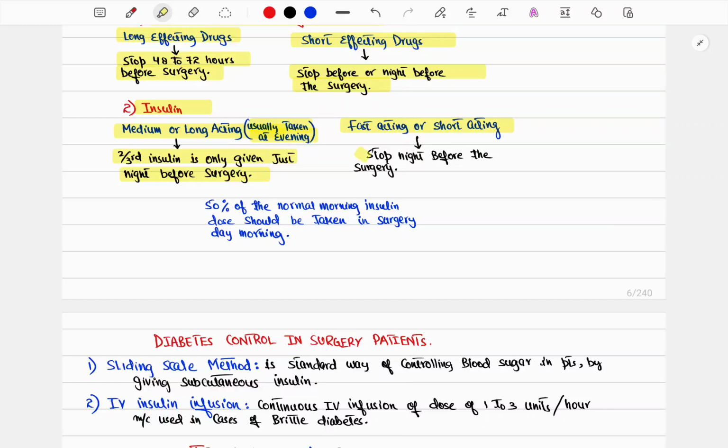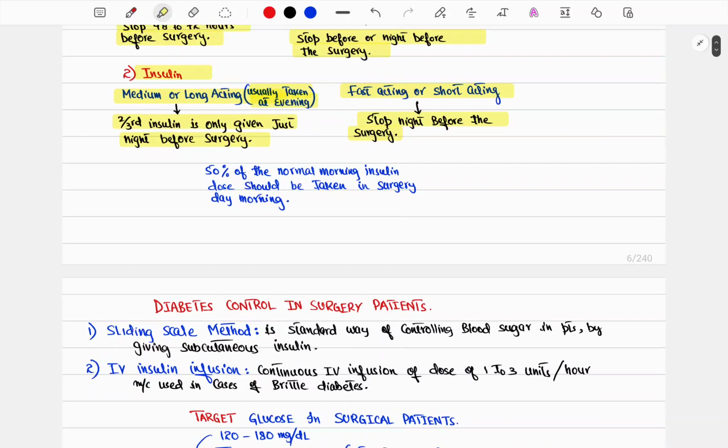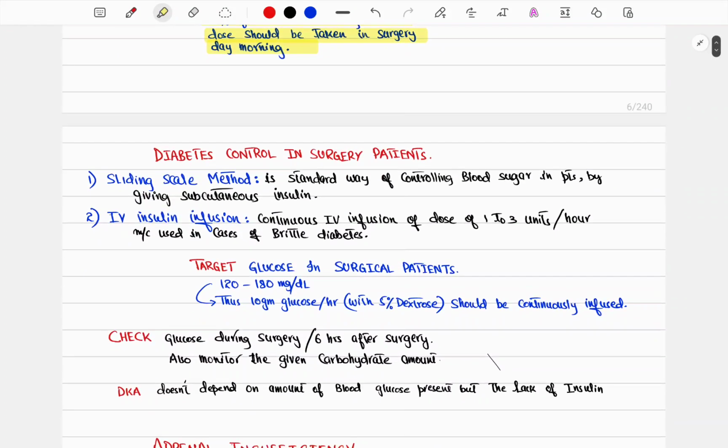Fast acting or short acting insulin should only be stopped the night before the surgery. 50% of the normal morning insulin dose should be taken: if a person takes 50 units in the morning, only 25 should be taken on the day of surgery.